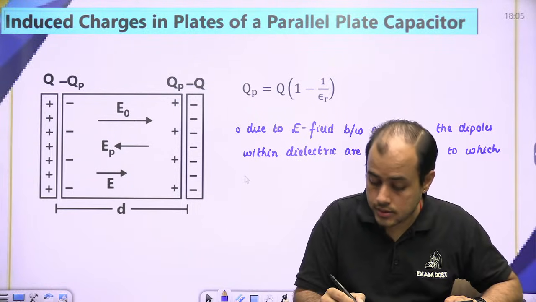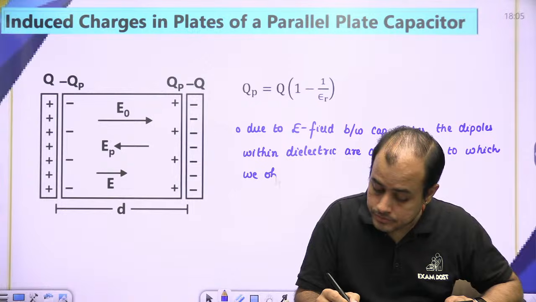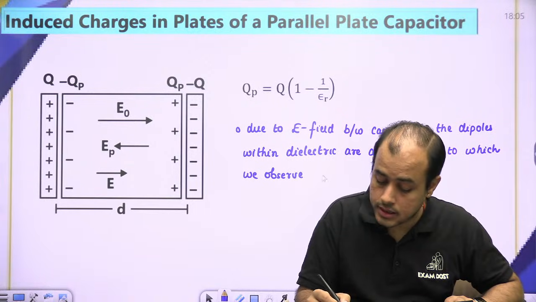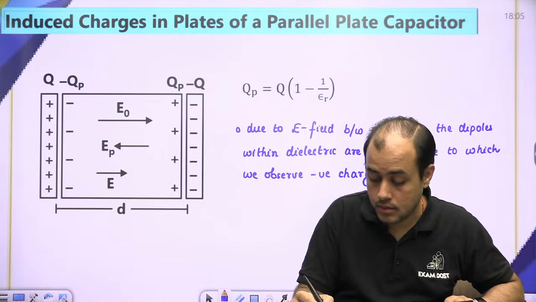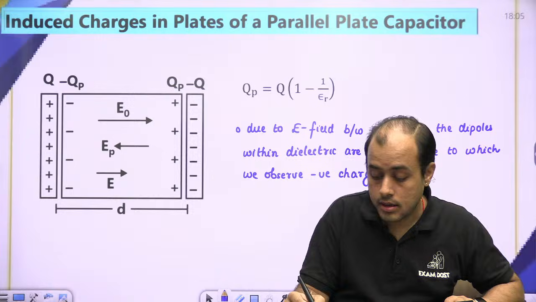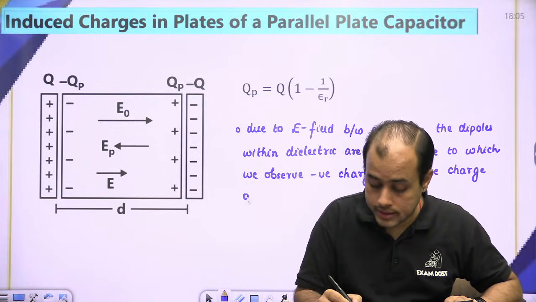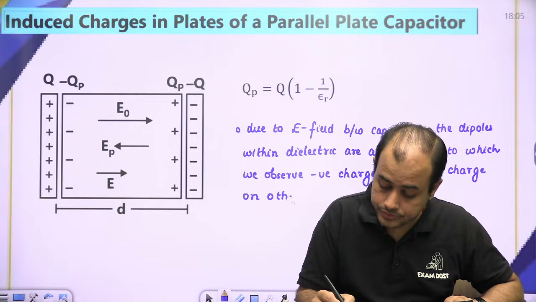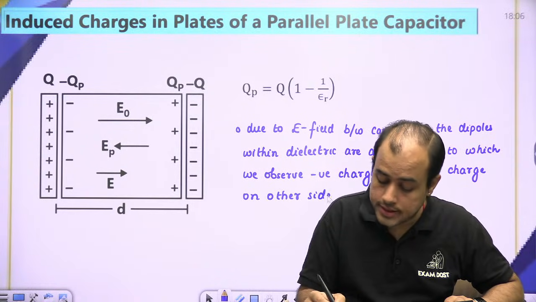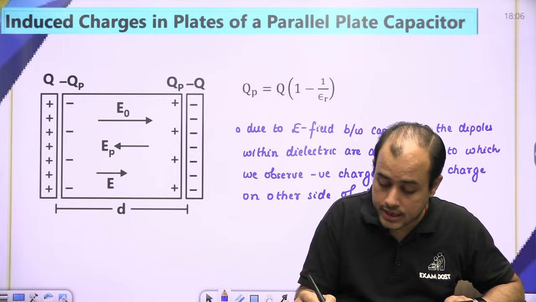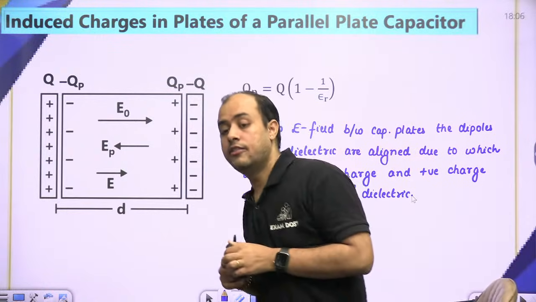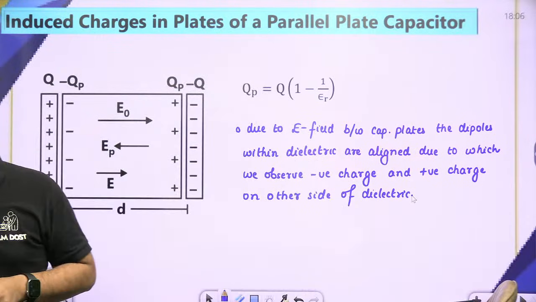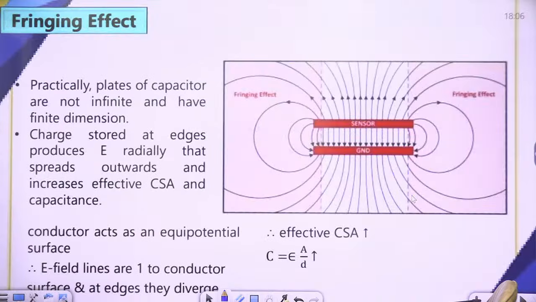Due to which we observe negative charge on one side and positive charge on other side of dielectric. Now this is called as induced charge. The value of induced charge is q into 1 minus 1 by epsilon r. This is the induced charge, okay.